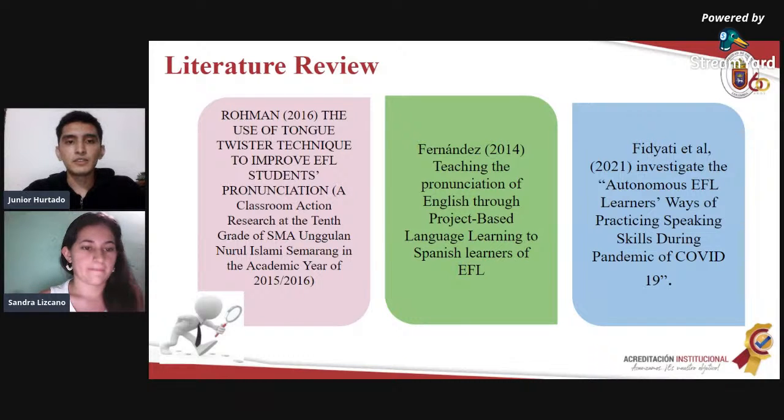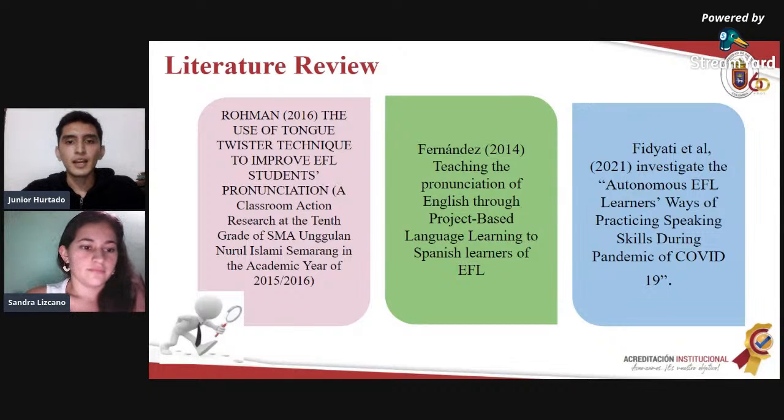So for that reason, as you can see here in the slide, there are three studies that were analyzed. For example, the first study, carried out by Rothman in 2016, was an action research where the author used tongue twister implementation with 10th grade students.